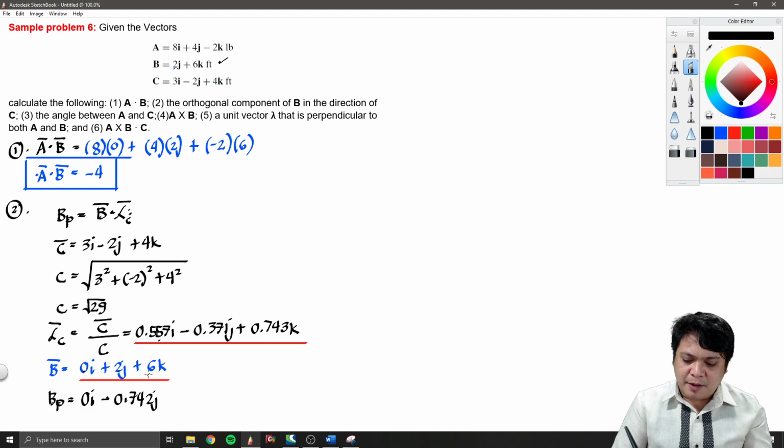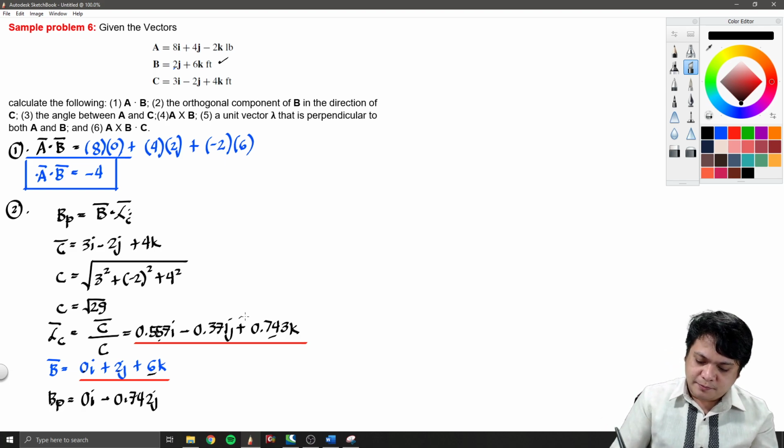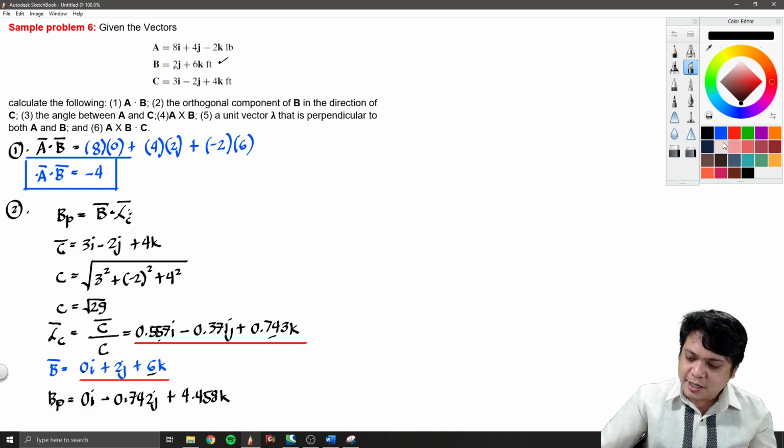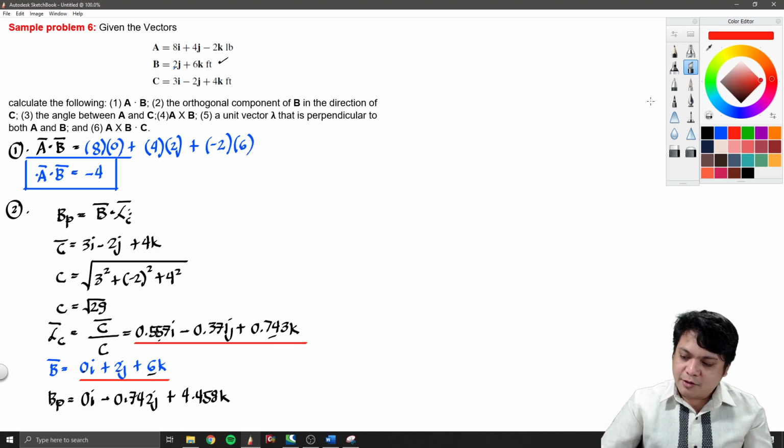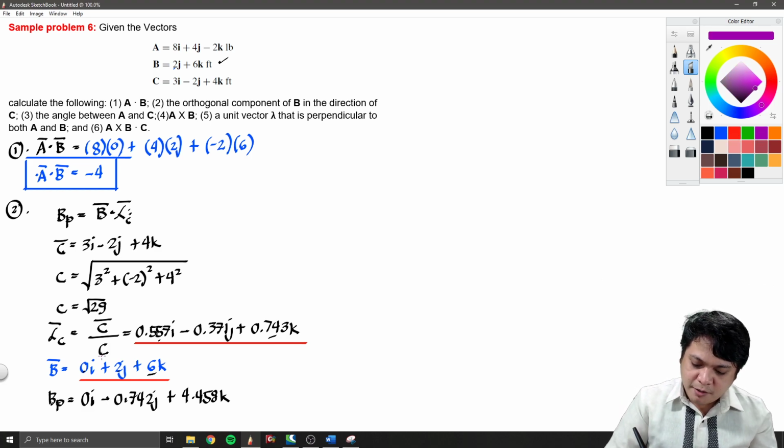And then you will be having here 6 times 0.743, plus 4.458 of K. Again, saan nga nakuha yon? Baka magkalituhan tayo. Okay. Ayun na, no? Pinag-multiply ko yon. Pinag-multiply ko to. And then, pinag-multiply ko yon.